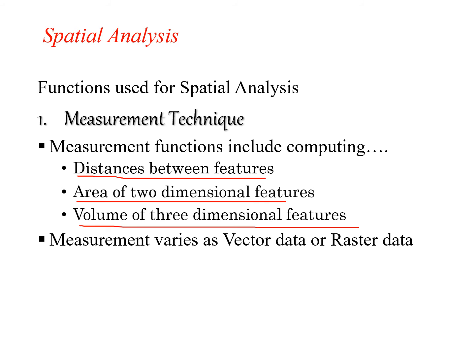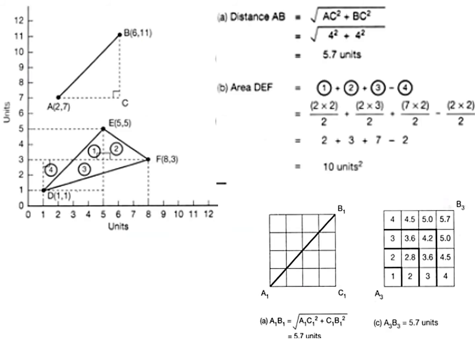The measurement may vary as per the data, either in vector form or raster form. Here we try to show how data can be expressed in either form. In vector form, this is one point A and here is another point B. If you join them together, it simply forms a line, so it is very easy to calculate.